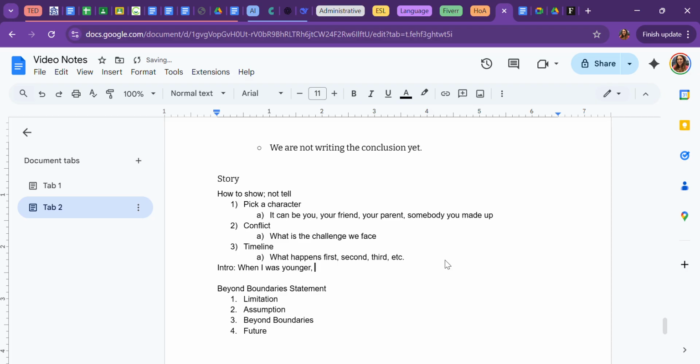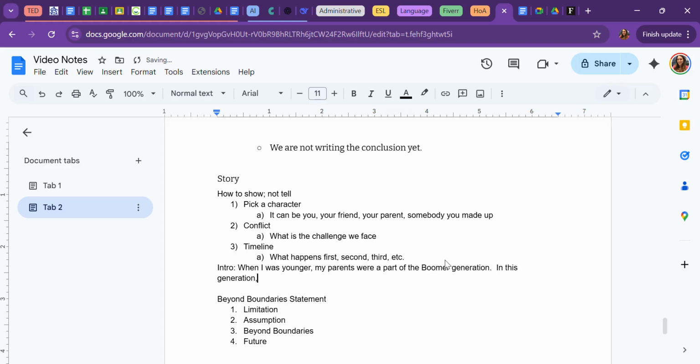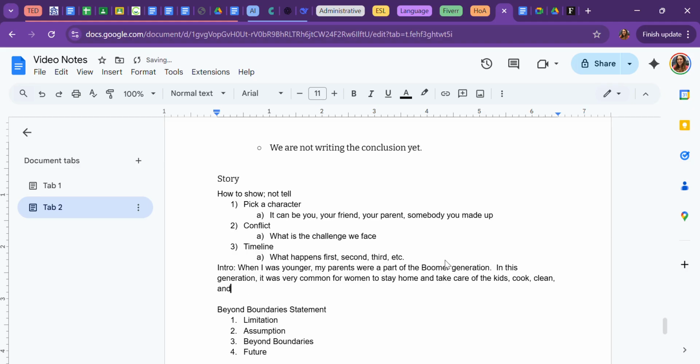When I was younger, my parents were a part of the boomer generation. In this generation, it was very common for women to stay home and take care of the kids, cook, clean, and essentially do all the household chores.